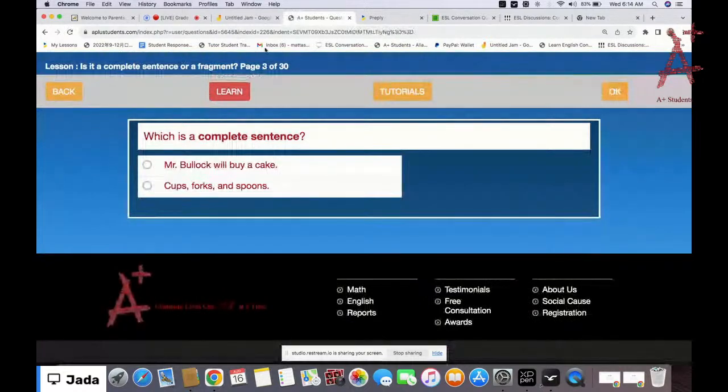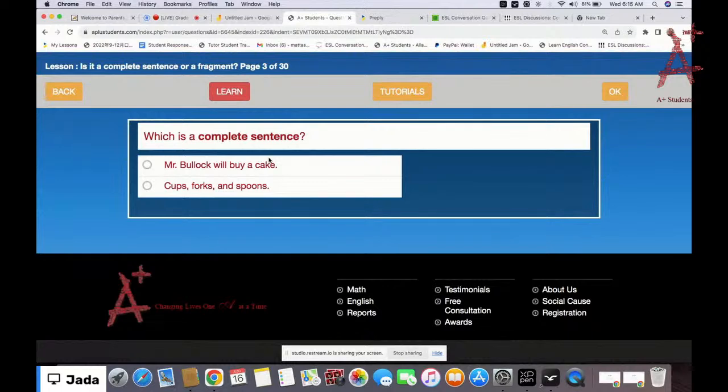So now, which is a complete sentence? Mr. Bullock will buy a cake, cups, forks, and spoons. Mr. Bullock will buy a cake, cups, forks, and spoons. Okay.